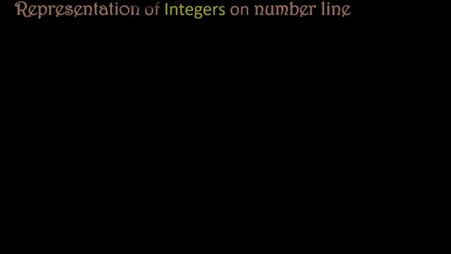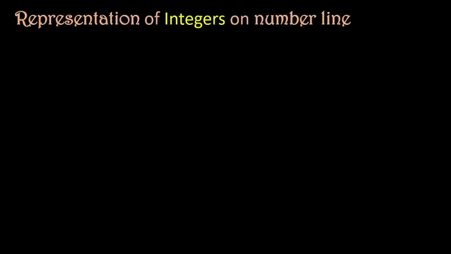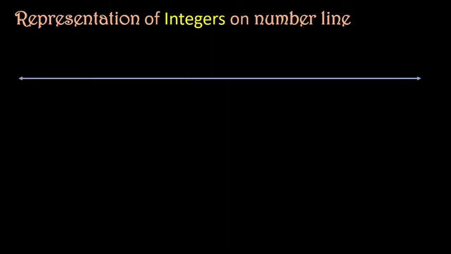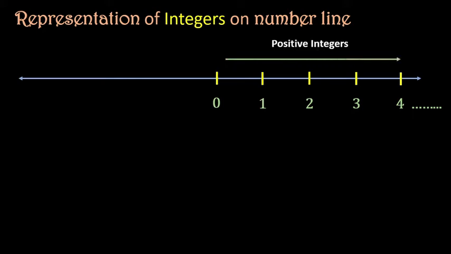Now let's look at the representation of integers on number line. To represent an integer on number line, you have to draw a line. Now mark 0 in between that line. Now mark natural numbers to the right hand side of 0, and this set of natural numbers represents positive integers.